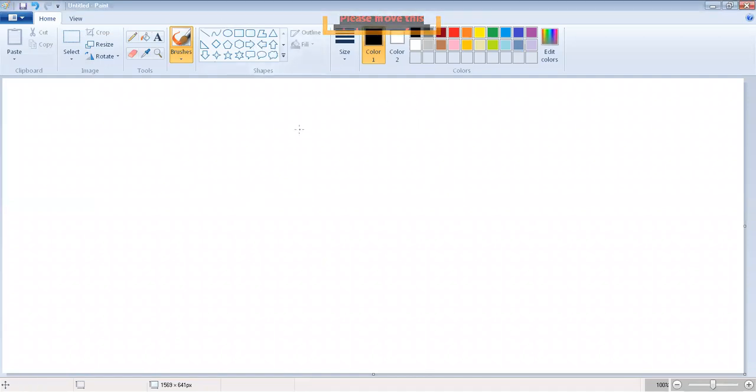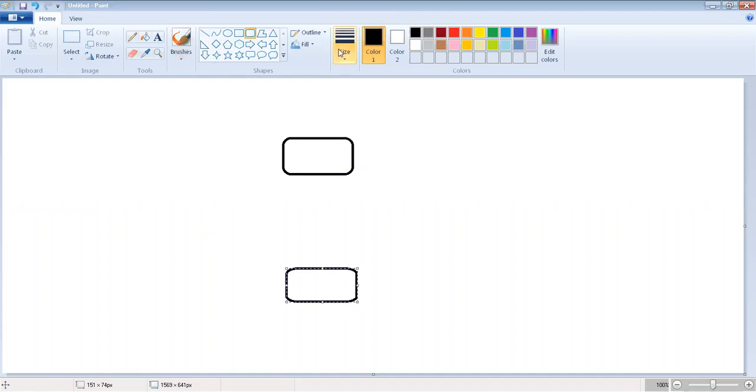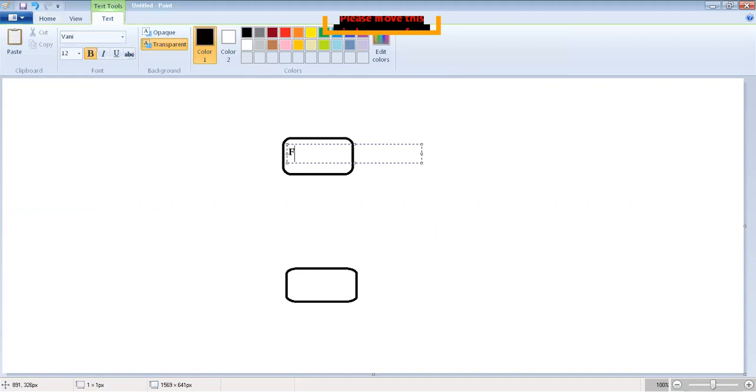I'm drawing this, maintaining these two boxes.